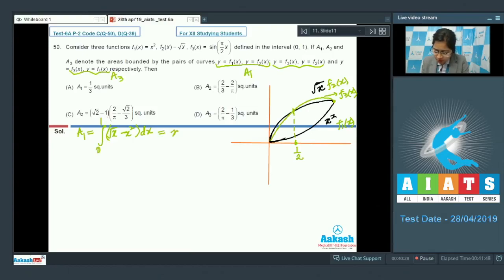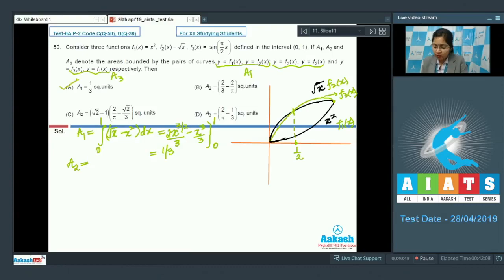So this will be equal to x raised to the power 3 by 2 upon 3 by 2 minus x cube upon 3, and the limit is from 0 to 1. So that is equal to 2 by 3 minus 1 by 3, that is 1 by 3. Which means that option A is correct.